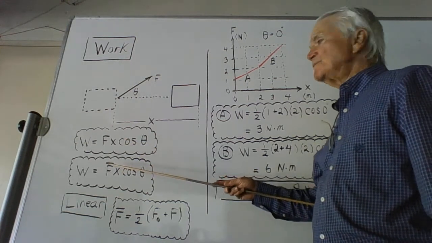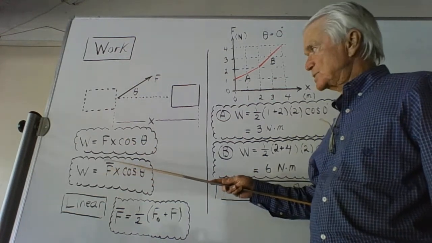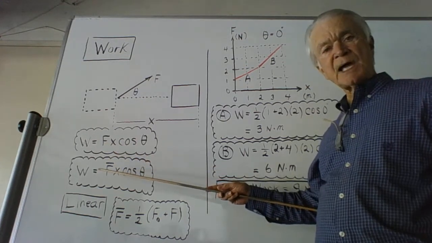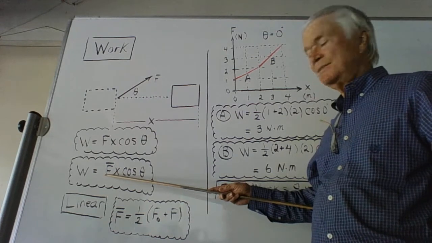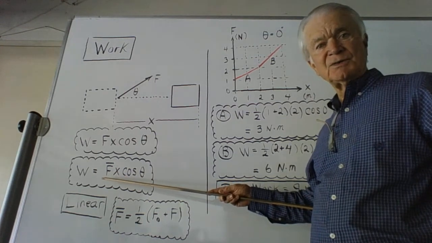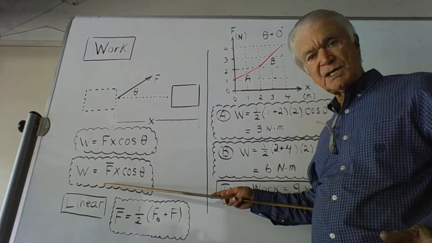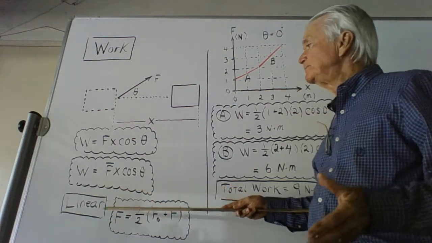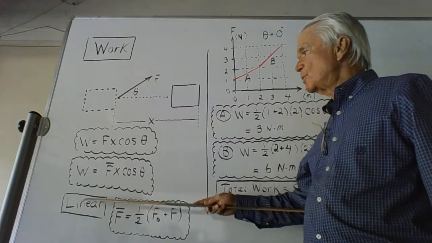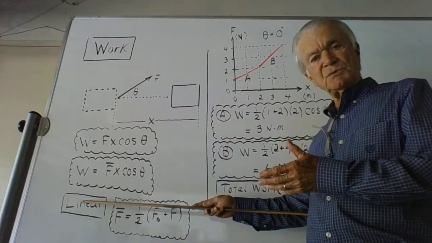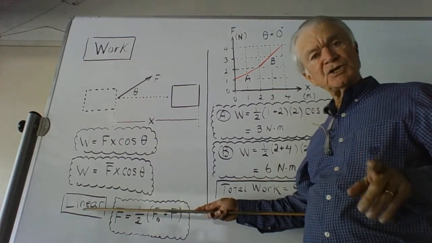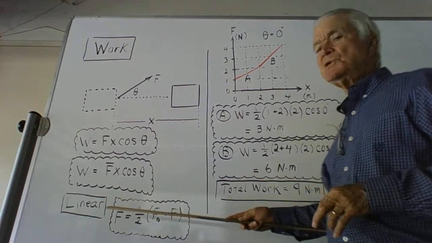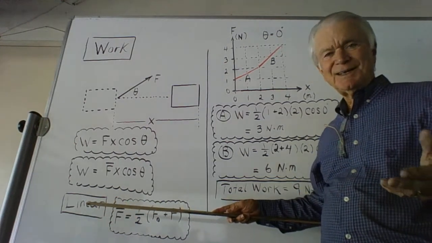In the event that F is not a constant, as is required if you use this equation, then it's okay to use the average value of F if you know how to find that value. Not so easy in most cases, but in special cases, it's a simple matter. If the force as the object moves varies linearly, in a straight line, regular fashion, then you may use the now famed middle value rule.